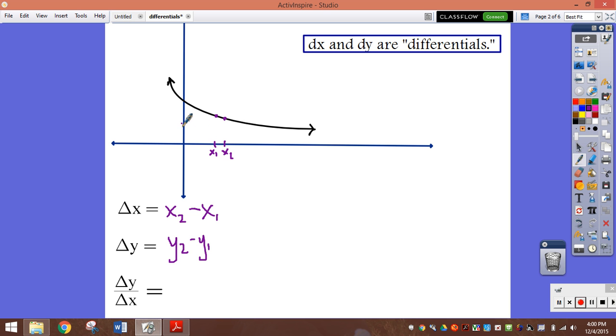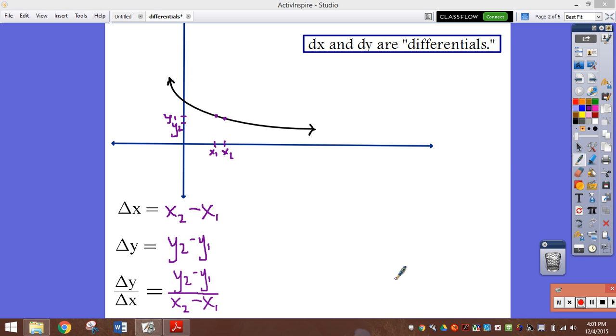And so with your corresponding x's and your y's, this would be y1, this would be y2. And so if I put those two things on top of each other, am I changing y, am I changing x, that's the same thing as slope, which from Algebra 1 you should know is just y2 minus y1 over x2 minus x1.